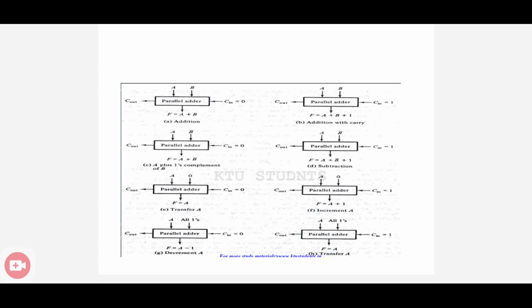We have here addition with carry, addition with ones complement, transfer A, how to implement increment and decrement functions, etc. So here there are 8 operations that are implemented by using a parallel adder. For a parallel adder we have 2 inputs A and B, along with one input carry, and the outputs are C out as well as the original output, that is F. So by using a parallel adder we can implement all these types of operations. So the basic component of an arithmetic circuit is a parallel adder.